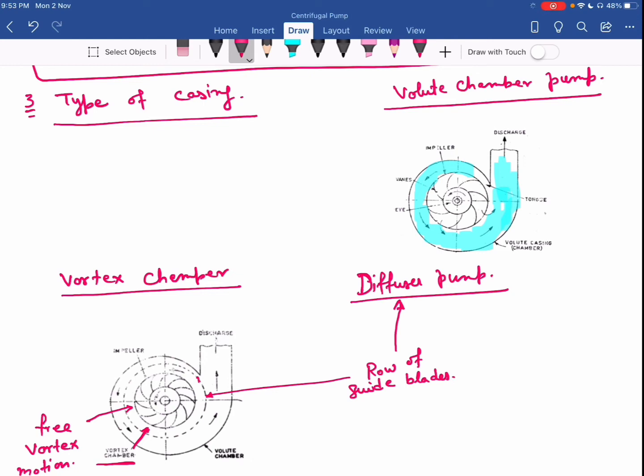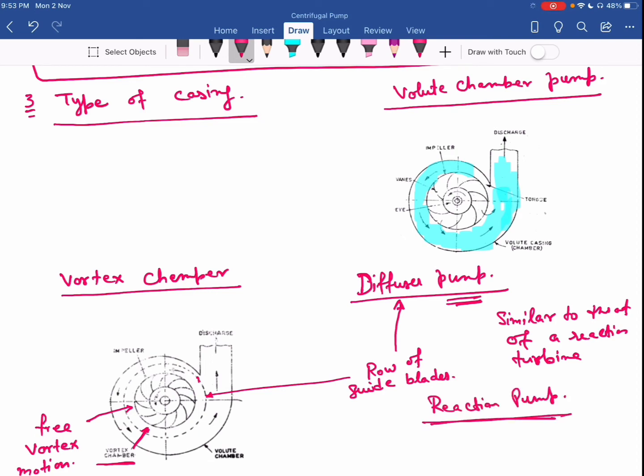Now, the construction of this diffuser pump is similar to that of a reaction turbine. That's why we can also call it a reaction pump.